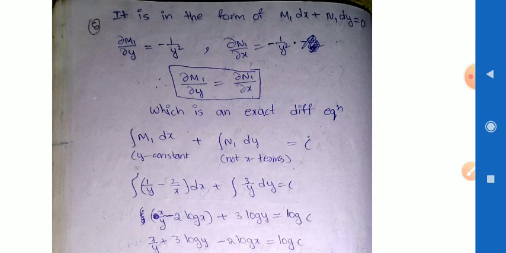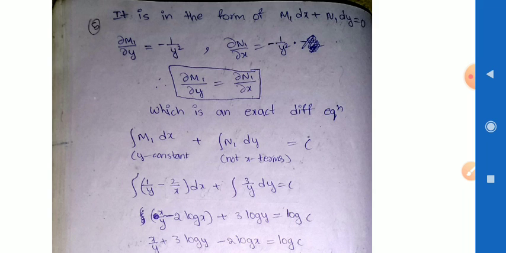This is in the form of m1 dx plus n1 dy is equal to 0. Then we have to check whether m1 dx plus n1 dy is exact. The condition that must be satisfied is ∂m1/∂y equals ∂n1/∂x. For m1 I am doing partial differentiation with respect to y. We get ∂m1/∂y equal to minus 1 by y square, and ∂n1/∂x equal to minus 1 by y square.